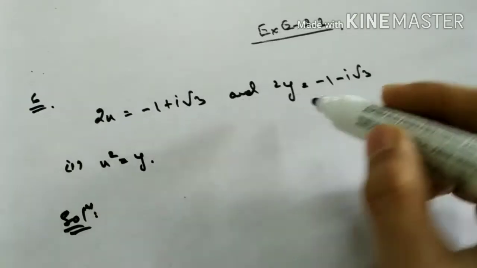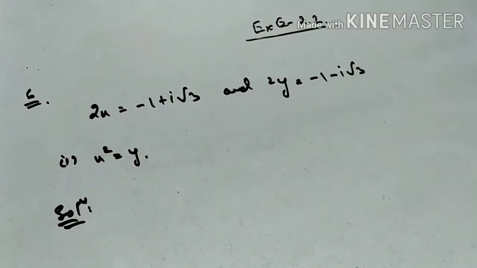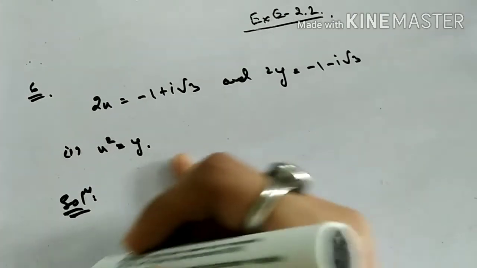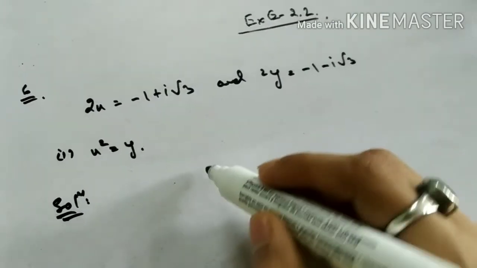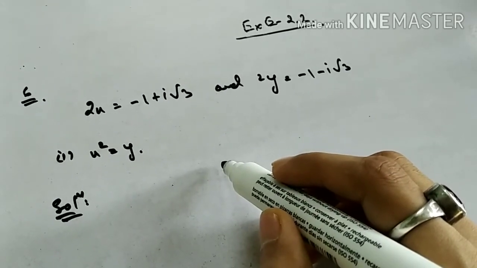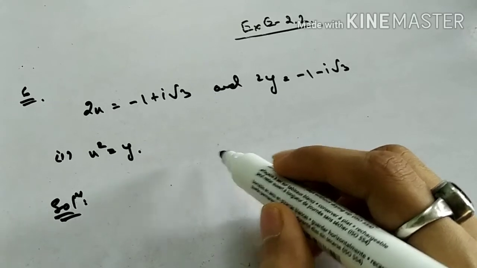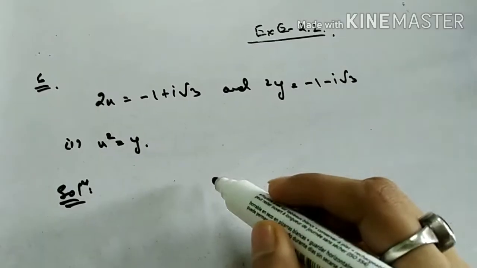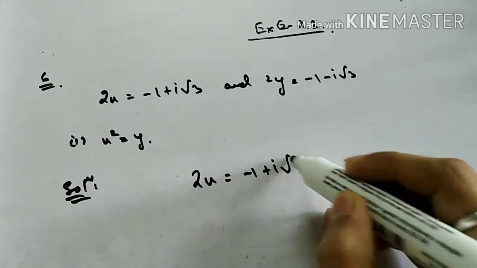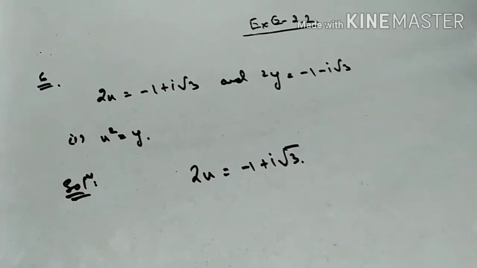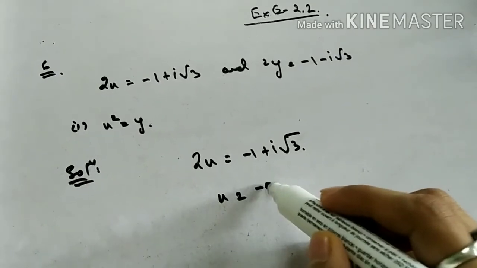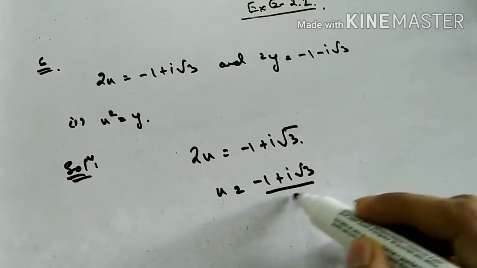You see, if 2x is equal to this and 2y is equal to this, then I will have to show that x square equals y. So 2x equals minus 1 plus i root 3, so x will be minus 1 plus i root 3 by 2.